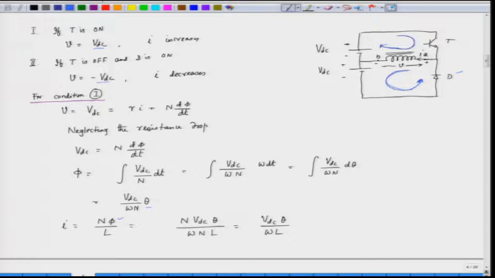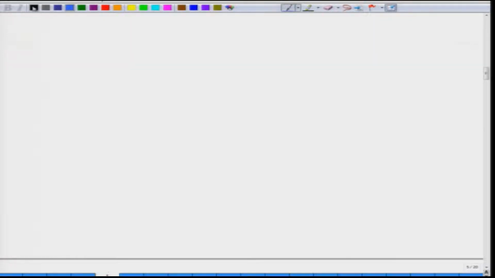But we will also note in this case that the current is inversely proportional to the speed. The current is also inversely proportional to the inductance. So, let us see how we switch the various voltages. If we draw the variation of inductance, it is something like a trapezoidal signal.